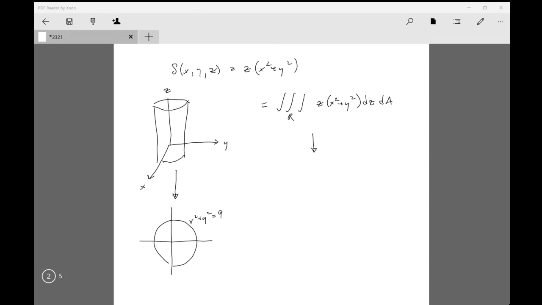The screen is frozen because when you switch to the first page, it was still stuck on the second page, and you only see the initial integral of the cylinder and the two diagrams. Okay, so let me write this and see what happens. It could be that it wasn't showing because I was doing it inside of another application.